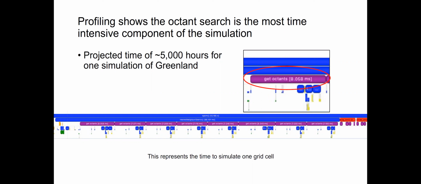So our goal for the NVIDIA UF GPU hackathon was to parallelize this octant search and basically cut this time in 8 and parallelize it on a GPU.